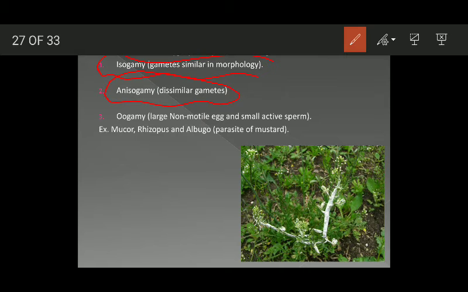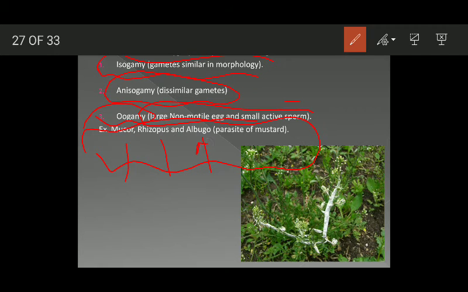And finally, oogamy. In oogamy, we have a large non-motile egg and a small active sperm. Sperm is active, while the egg is non-motile. The examples of fungi in this class include Mucor, Rhizopus, Albugo.